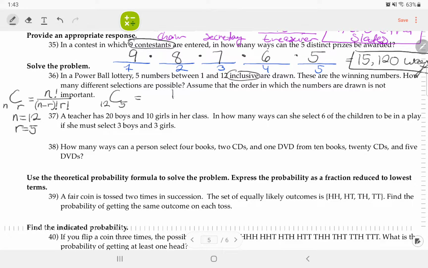That's going to equal 12 factorial divided by 12 minus 5 in parentheses factorial times 5 factorial. In my parentheses, 12 minus 5 is 7. So 12 factorial divided by 7 factorial times 5 factorial.